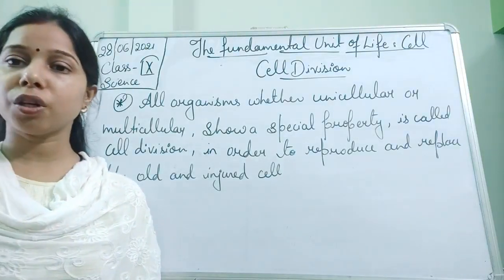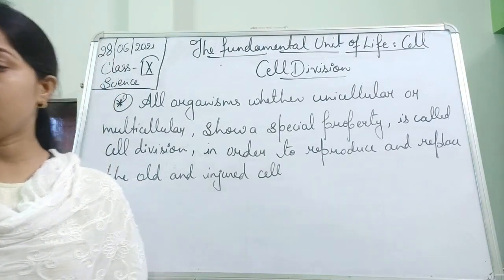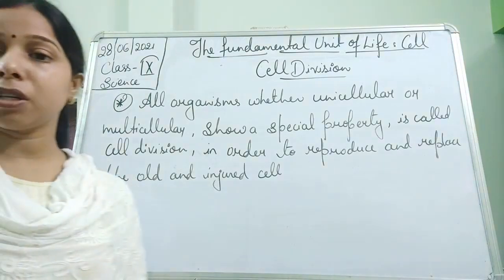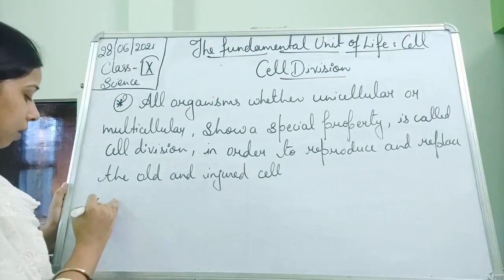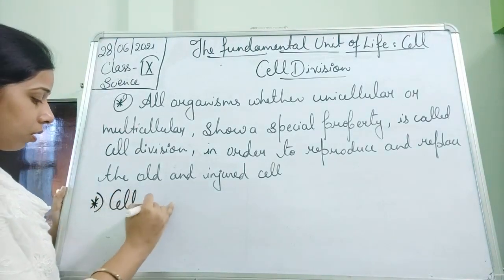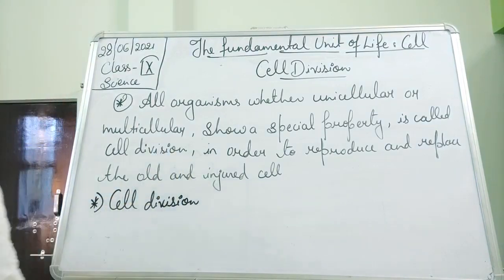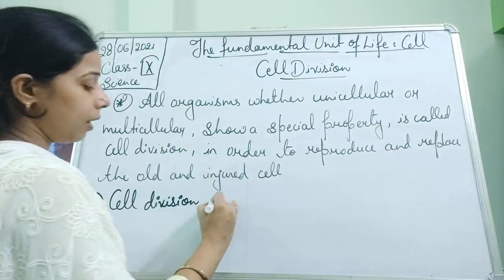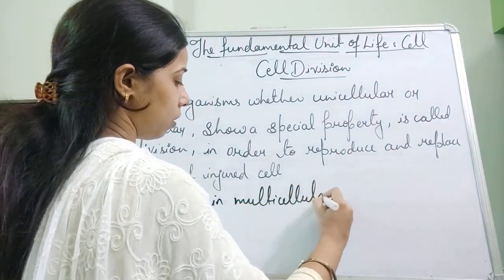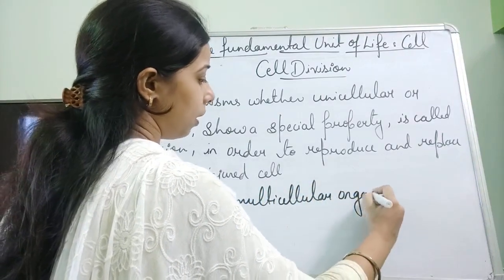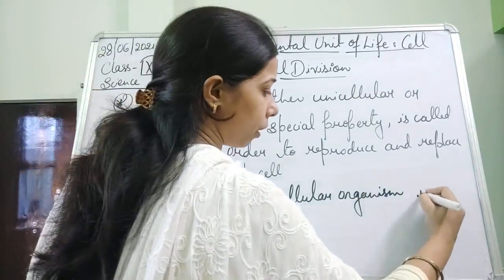Now, this cell division is also really important for all multicellular organisms, because it helps in the formation of new cells. So, we can say here that cell division in multicellular organisms is also very important.